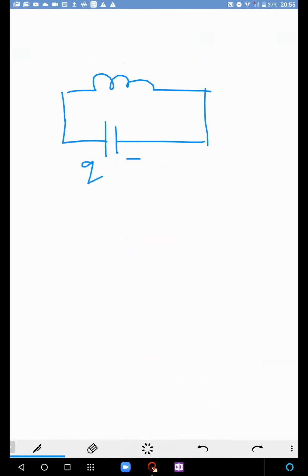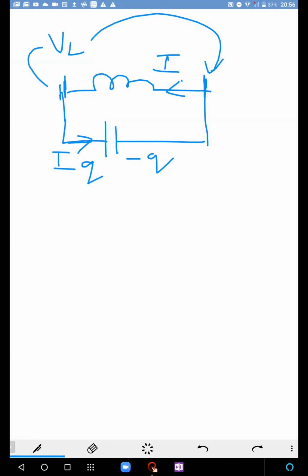What makes that parallelism arise? एक और बार अच्छे से लिखना पड़ेगा. So if I call this as Q and minus Q, and I'm taking this as current I, okay, ठीक है? तो फिर यहाँ से यहाँ अब current इसमें I इस तरफ है, ठीक है? So let's call this potential difference VL. यहाँ से यहाँ potential difference VL. यहाँ से यहाँ potential difference, let's call that VC.